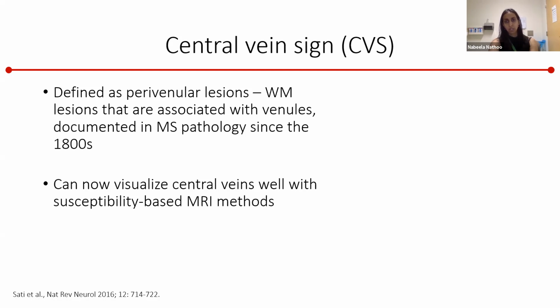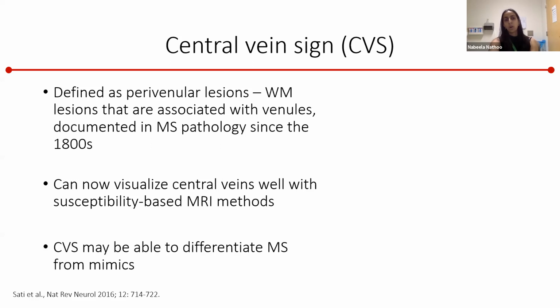And so we are able to look at the presence of a vein in the center of a lesion much better now than we could before. And so this has been proposed, one as a clinically relevant measure in MS, and then the other is to be able to differentiate it from mimics of MS, which can be a bit difficult at times. And so I think this could be quite important.